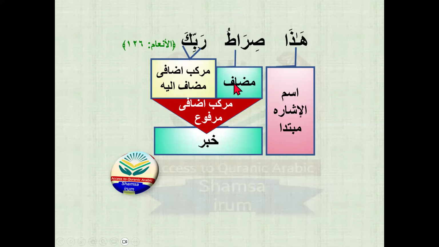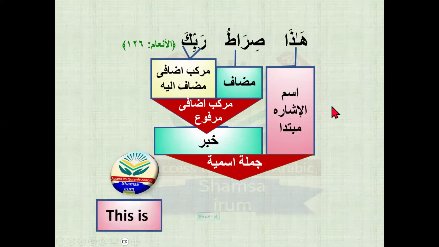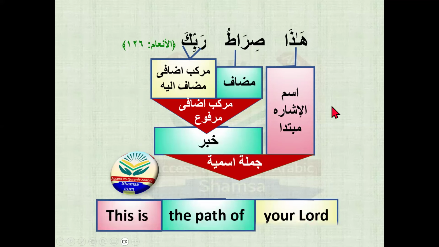So this murakkab izafi is at the place of the khabar, and it is a complex possessive phrase, because there are two murakkab izafi in this one. So mubtada and khabar make jumla ismiya. Translation: this is the path of your Lord.